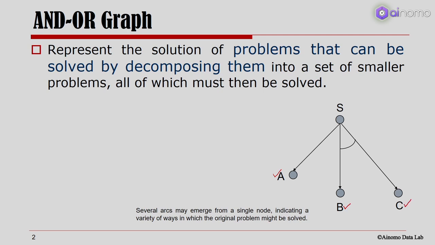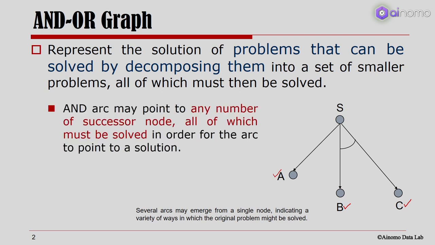When it is solved by solving B and C both, we name it an AND arc. The AND arc points to a number of successor nodes, all of which must be solved in order for the arc to point to a solution.